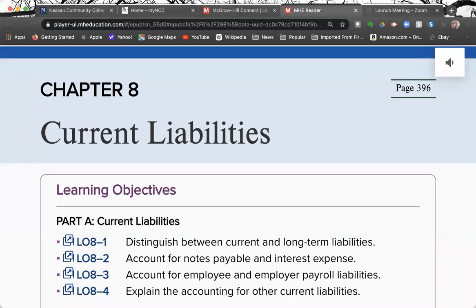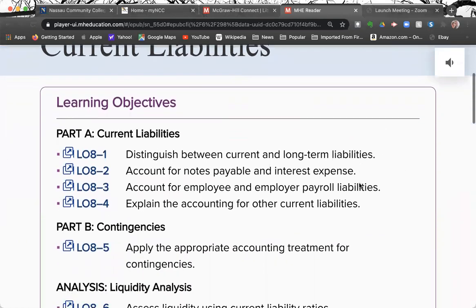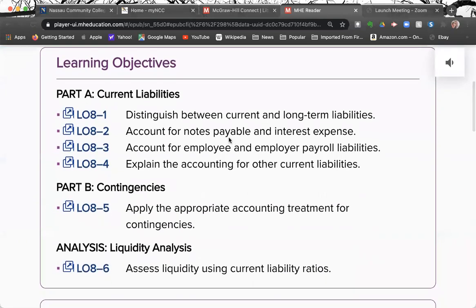And the word current means that it's something that has to happen within a year, which we differentiate from long term. Long term is something that we have more than a year to do, right? So if you look at these objectives, distinguish between current and long-term liabilities, well, we just did, right?